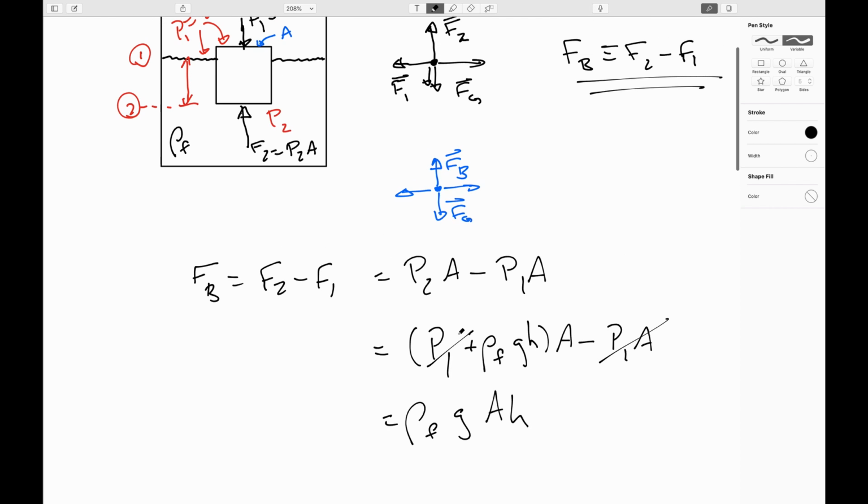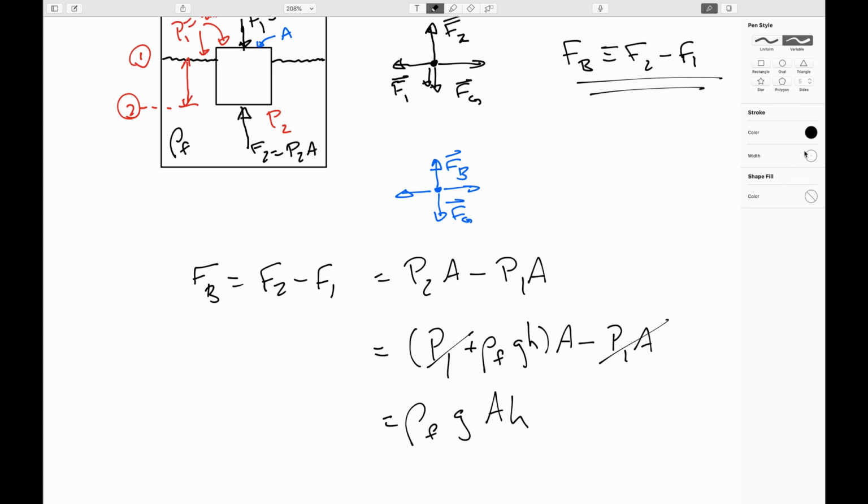Well, let's sit and think carefully about what this A h means. Sorry, I forgot to label my h right there. So this A h would correspond to this volume right here. So it's the volume occupied by the object under the water line.